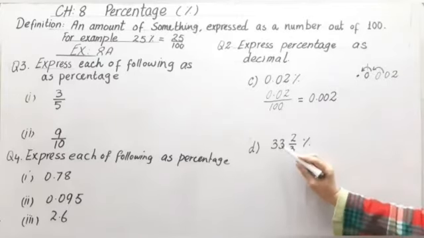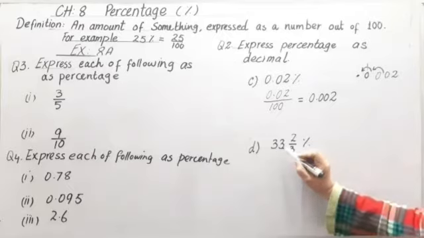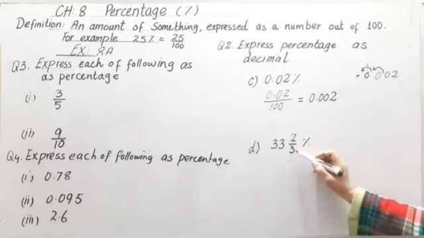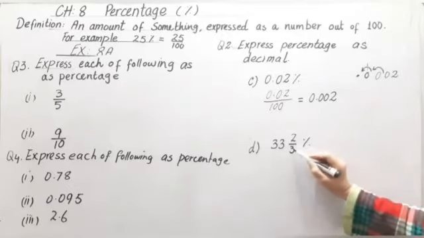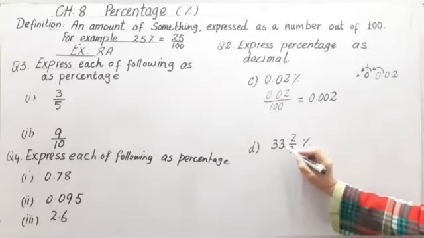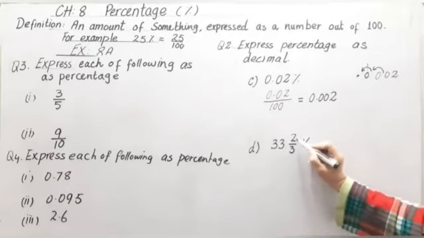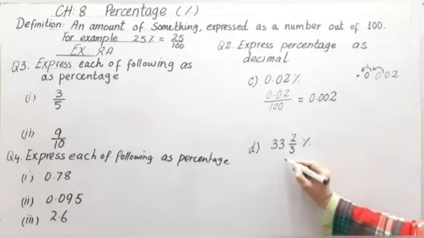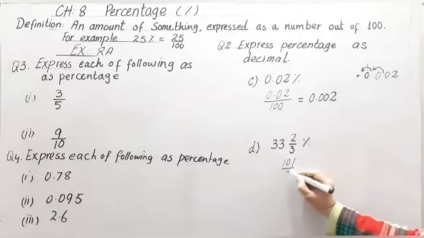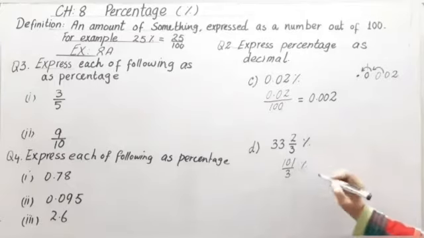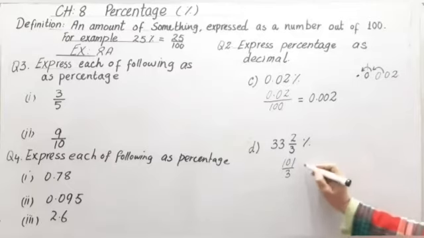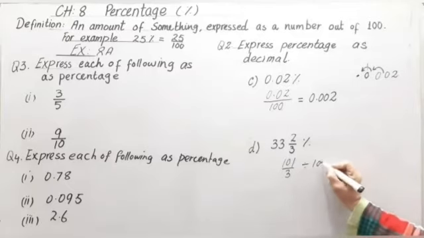The D part is a little bit different because it is a fractional part, and this is 33 and 2/3. We make the multiplication here: 33 3s are 99 plus 2, 101. So 101 by 3%. Percent means divided by 100, so we write it divided by 100.